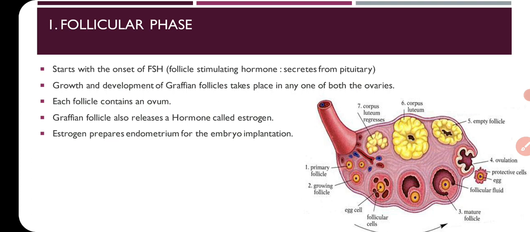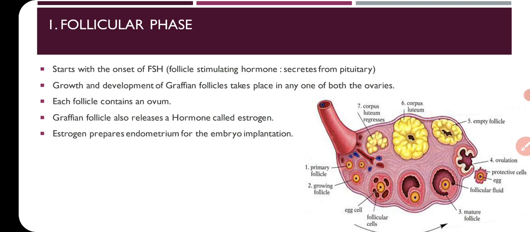There are 1 to 2 million follicles found in the female ovaries, but in 1 month, one ovum is developed in one follicle, and as the Graafian follicle develops and becomes mature, it starts to release a hormone called estrogen.